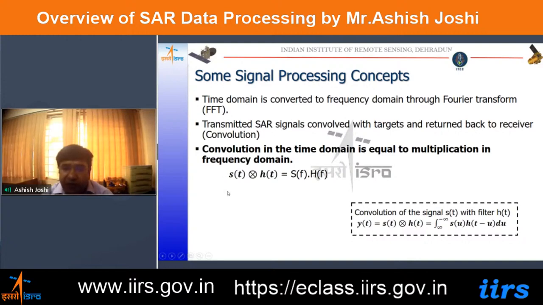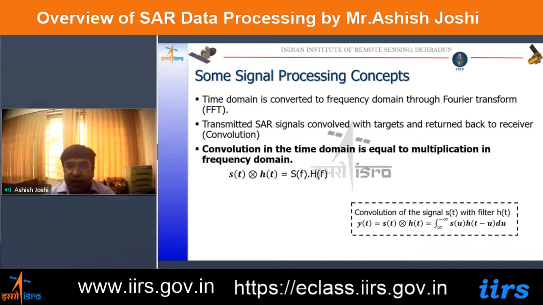So we will transform the SAR data from the time domain to the frequency domain, because the convolution in the time domain is equal to the multiplication in the frequency domain. This is the formula of the convolution of two signals, expressed in mathematical form.